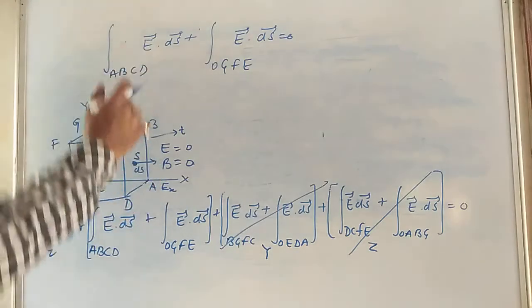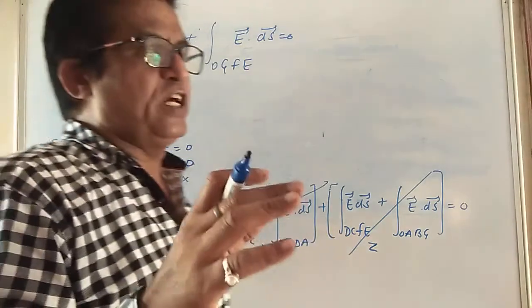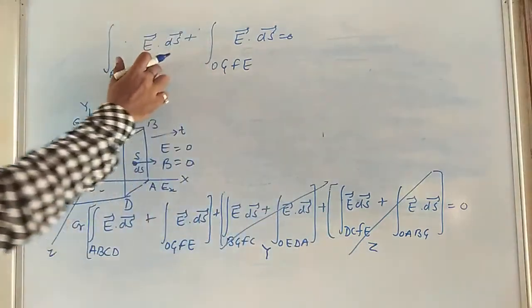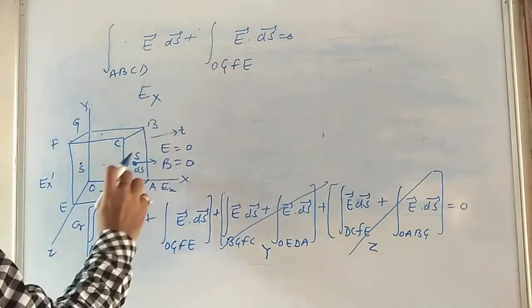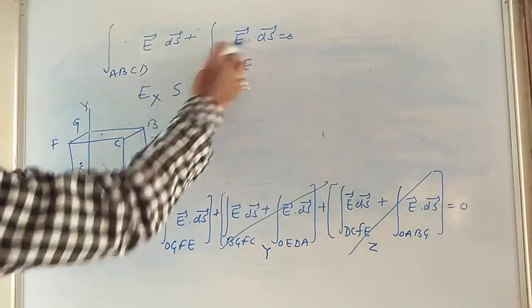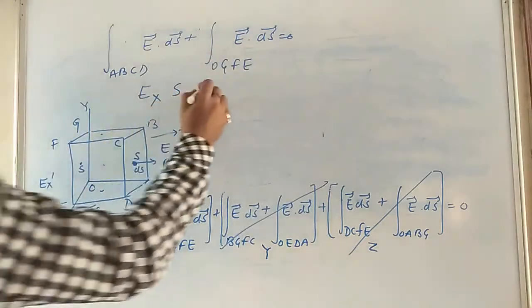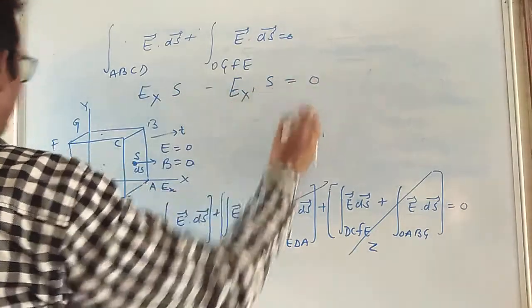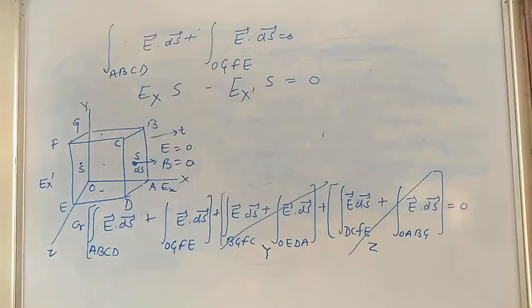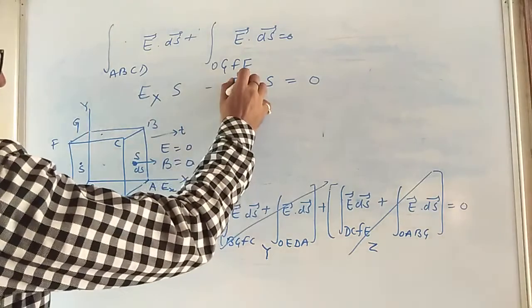Because E and ds are in the same direction, the angle between them is 0, so Ex times S, and for the opposite face, minus Ex dash times S, equals 0.